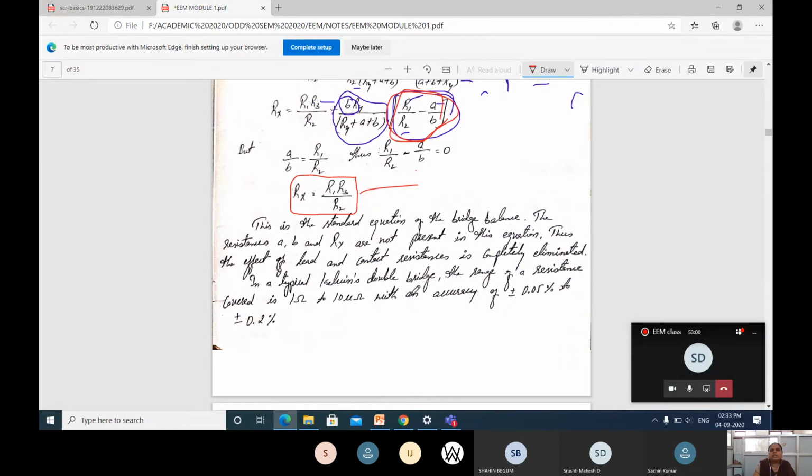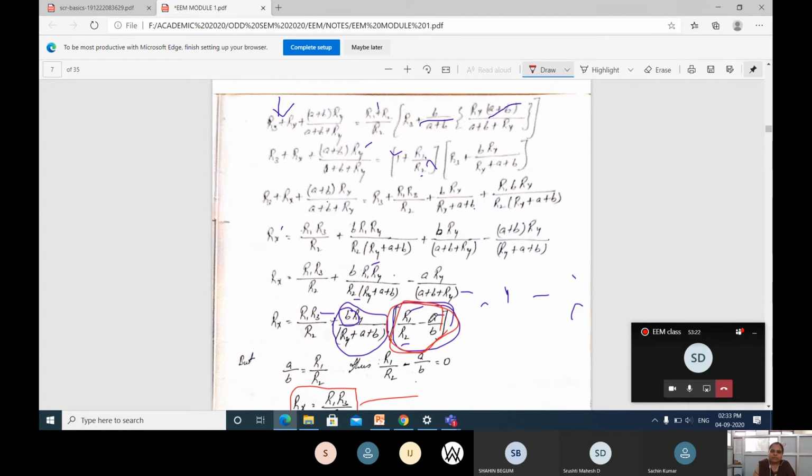And what is the resistance range? It covers the range from 1 ohm to 10 micro ohms, with an accuracy of 0.05% to plus or minus 0.2% by using the Kelvin's double bridge.